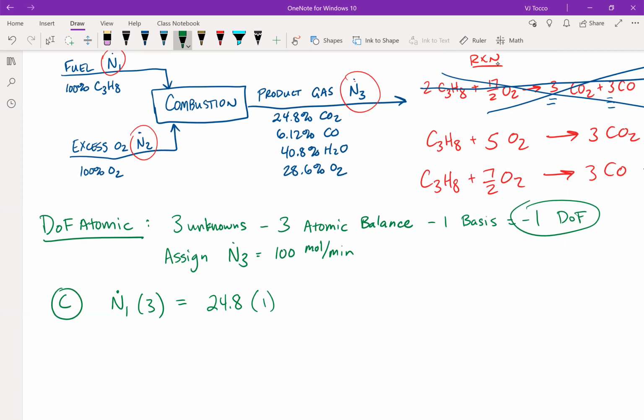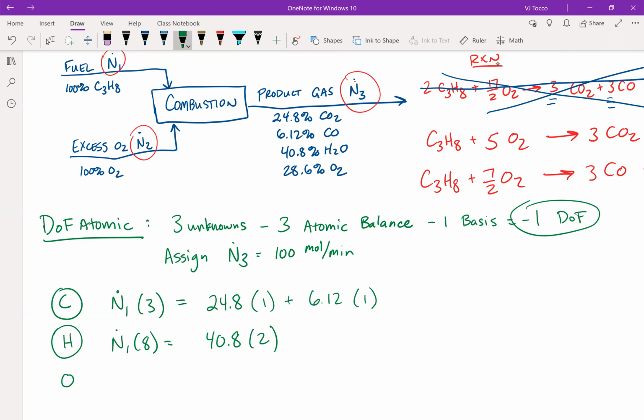Again, you don't have to write the 1. I'm just doing it so that it's very clear what I'm doing. 6.12 times 1. And that's it. My hydrogen balance is N1 times 8 is equal to 40.8 times 2.